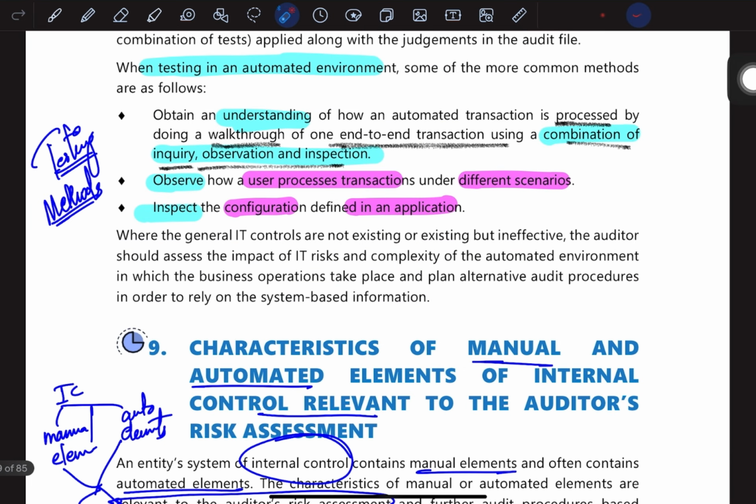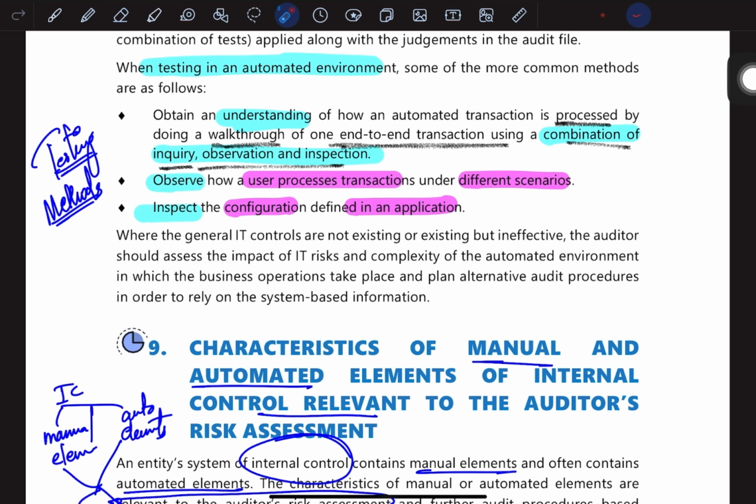So when testing an automated environment, some of the more common methods are followed. First and foremost, you obtain understanding of how the automated transaction is processed by doing a walkthrough of one end-to-end transaction using a combination of inquiry, inspection, and observation. So basically, you obtain the working of the automated environment and you apply the combination of the three testing methods: inquiry, observation, inspection.